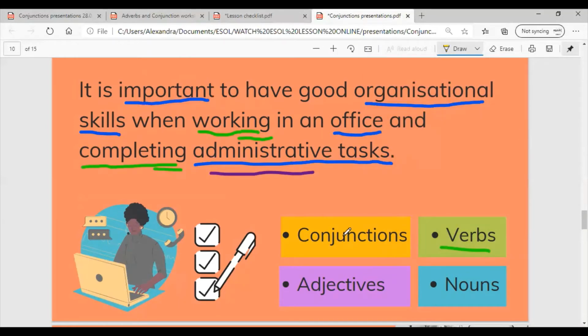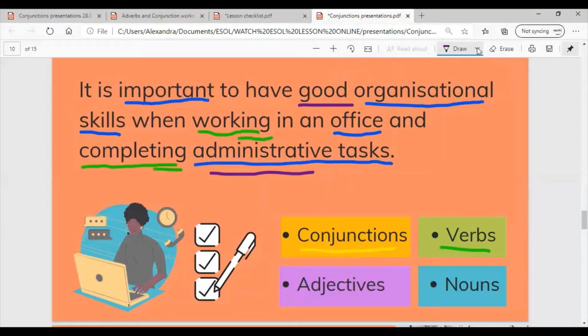Now our main focus is the conjunctions, the connected words in this sentence. Without the conjunctions, it doesn't make sense. We just have import. Oh, I just realised we've missed the adjective. There is an adjective. We've got good. Good is describing this noun. Adjectives describe the noun. So good is describing our organisational skills.